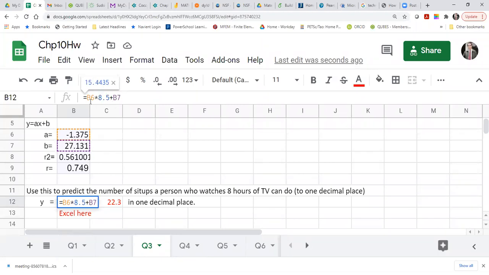You see this is the A, this is the B. Oh, sorry, this is the slope, this is the intercept. This is the number that is in front of the X. It wants the answer as one decimal, so the answer will be 15.4.